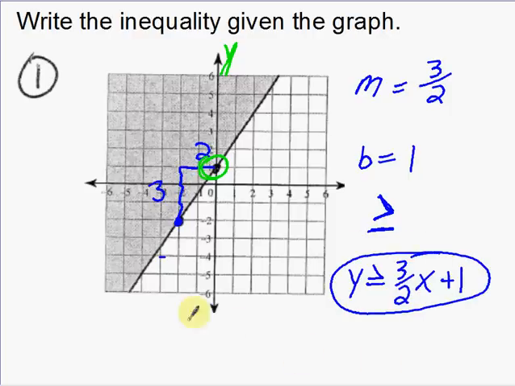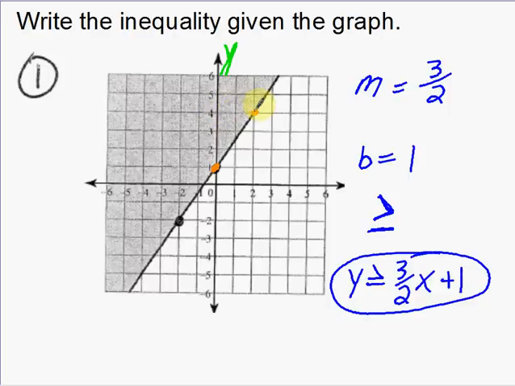Now if I wanted to check, let's get my eraser out here. We'll erase some of this junk off of there. If I wanted to check that I did the right thing, I could always try to graph the inequality that I wrote, and it's telling me to start at 1, so I'm going to start at 1. It tells me to rise 3, 1, 2, 3, and run 2, 1, 2.